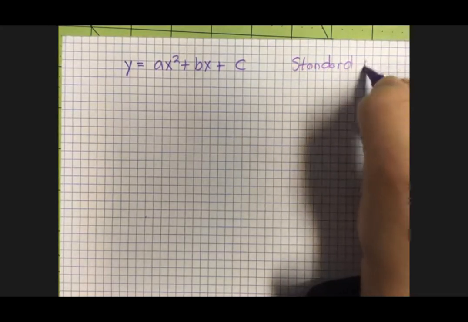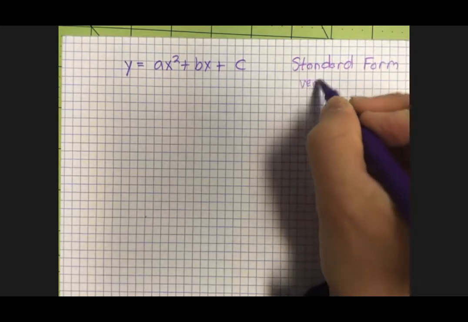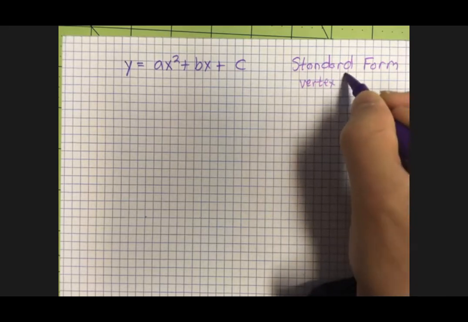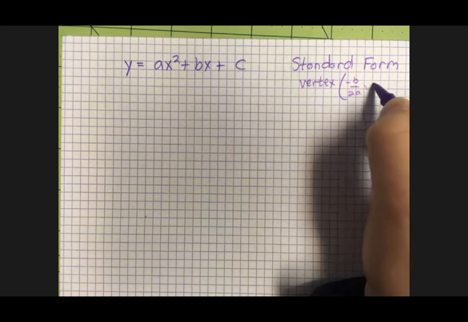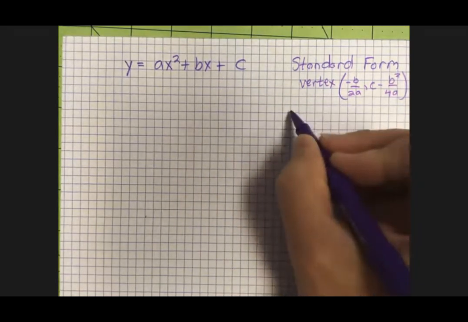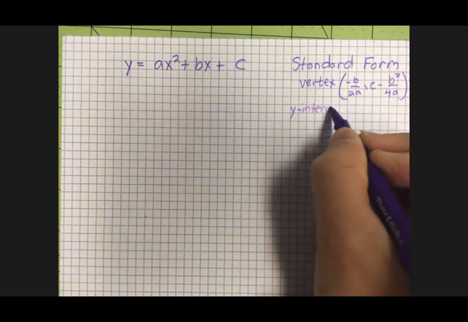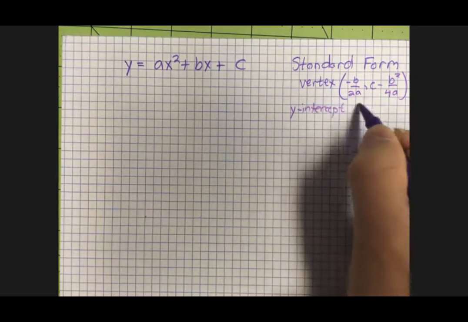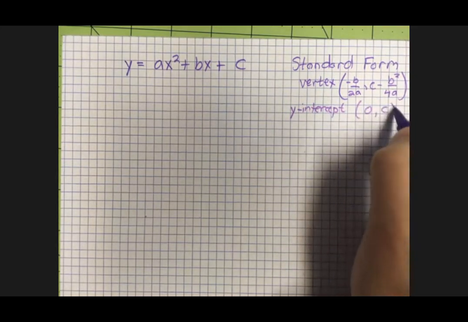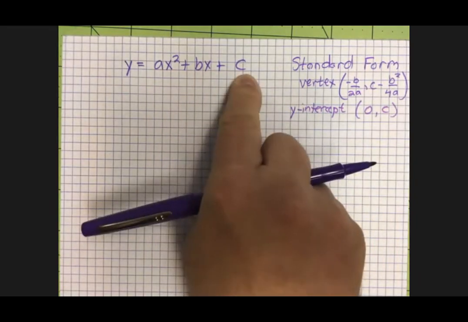And it's got its own beauty because you know the formula for the vertex, minus b over 2a, and c minus b squared over 4a. But you also know the y-intercept. The y-intercept is a freebie, 0 and c. Because if you put 0 in for x, you clearly get c and only c out for y.